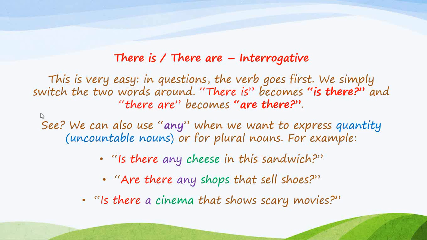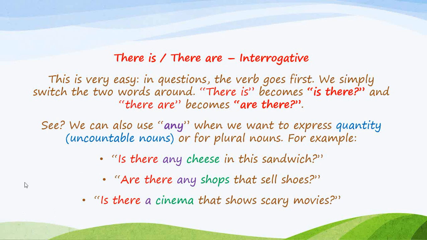Is there any cheese in this sandwich? We are using the word any because the uncountable noun is cheese. And we're switching the position of the verb to be and the word there. We're not saying there is, but is there. Is there any cheese in this sandwich?